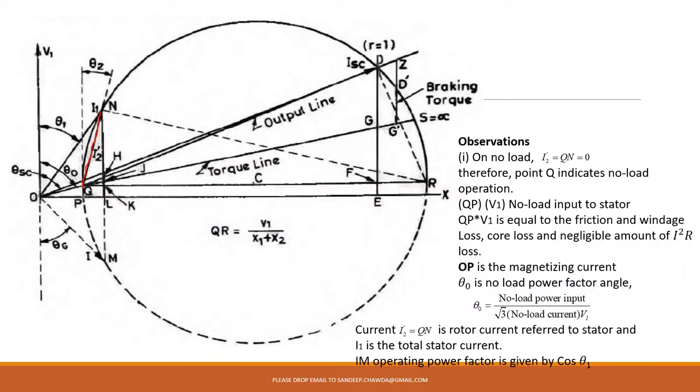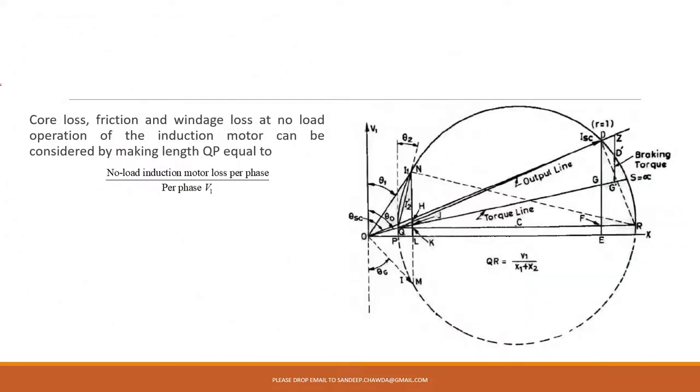And we know that this QP is nothing but IC, or you can say it is the constant losses. We have just seen that core loss, friction and windage loss at no load operation will be equal to the QP.